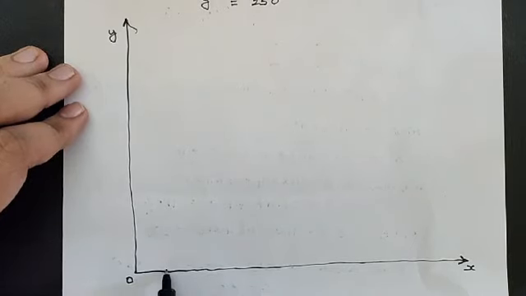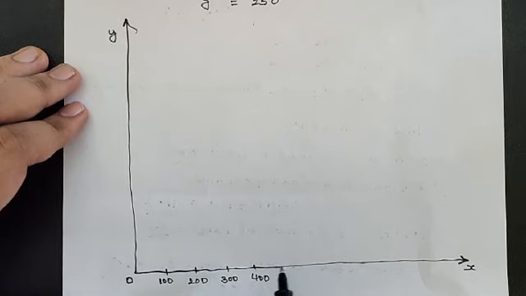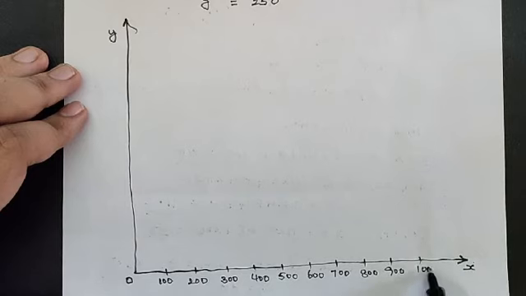So 0, 100, 200, 300, 400, 500, 600, 700, 800, 900 and 1000. So similarly mark the values on the y-axis also.